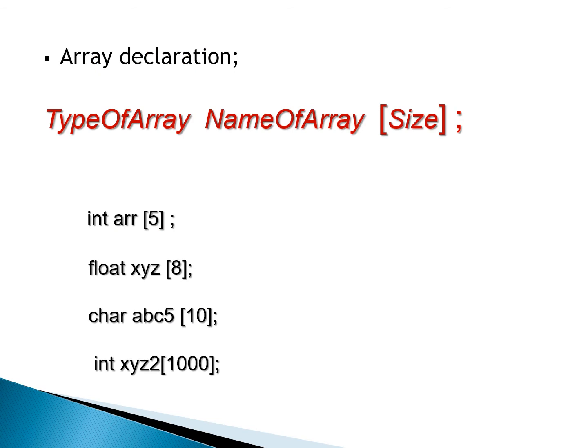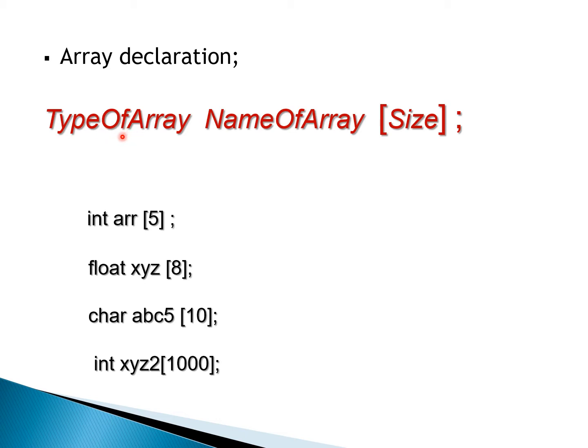Array declaration is very simple. If you remember, we declare variables with the type of variable, name of variable, and then a semicolon. But in this case, for an array, we first give the type of array, which type you want to declare. For example, we can use integer, float, character, or probably other user defined types.